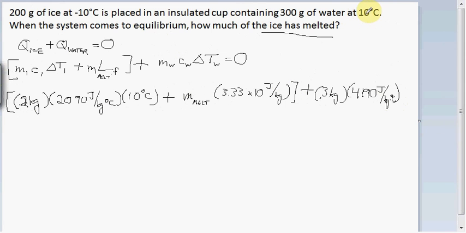That starts out at 10 degrees Celsius and goes down to 0, so delta T is minus 10 degrees Celsius, negative because the temperature is dropping. And that, as we said, equals 0.